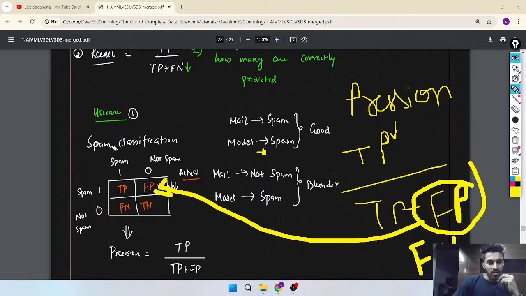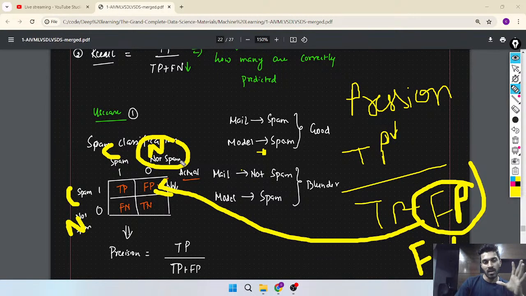Suppose this is cancer and this is not cancer, and this is what your model predicted. You do not have cancer, but your model said that you have cancer. So you will go to the doctor and check up again, and you will know that you do not have cancer.